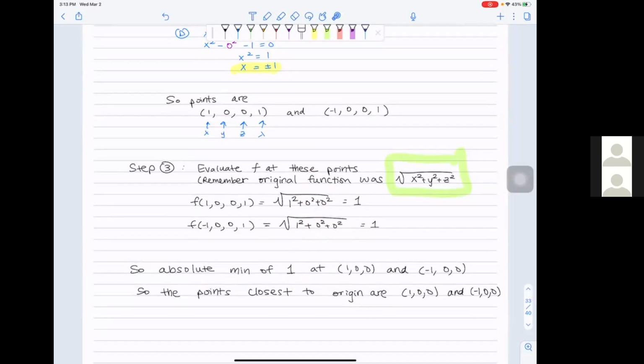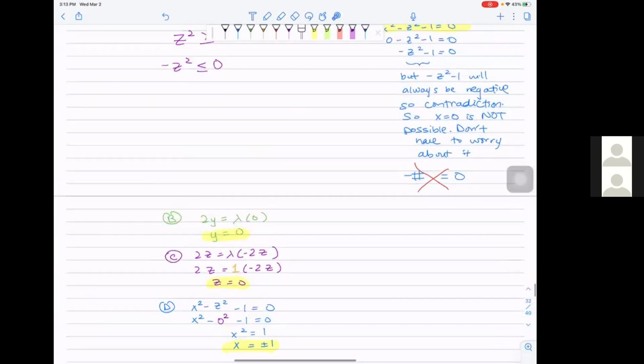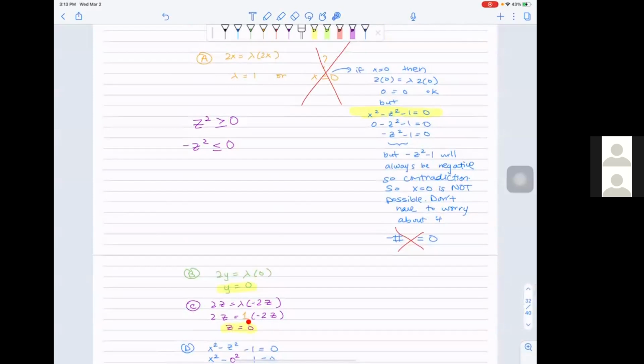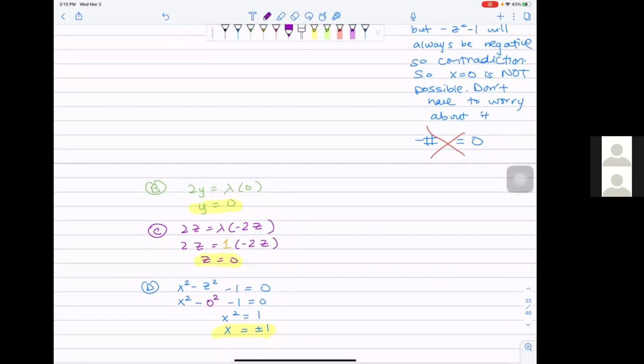Lambda is from the orange lambda. Because that gives you 2z equals negative 2z, and a positive number cannot equal a negative number, so it only happens if z equals 0.